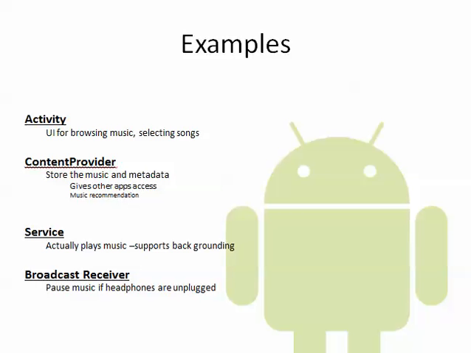Now the service is something in your app that plays the music in the background, so you can interact with something else. And now the broadcast receiver: what happens if the headphones are unplugged?